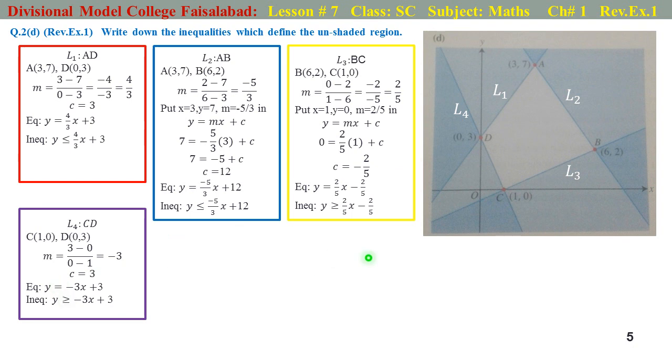So this is the way of writing inequalities from the graph. There were 4 lines. You have to find the equation of each line and then replace the sign of equality by a sign of inequality. We have discussed 3 cases: case 1, case 2 and today case 3.